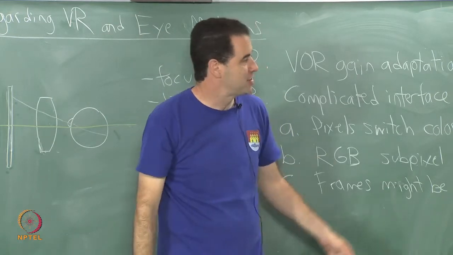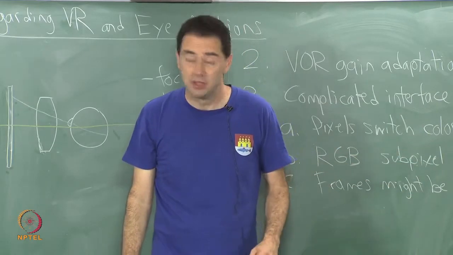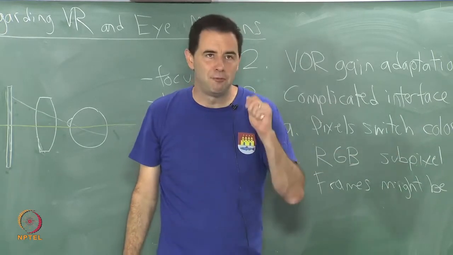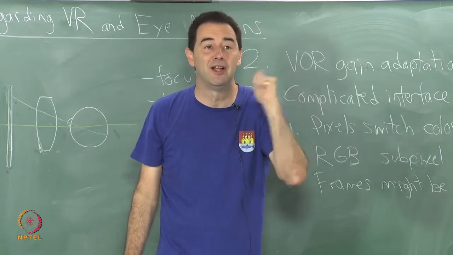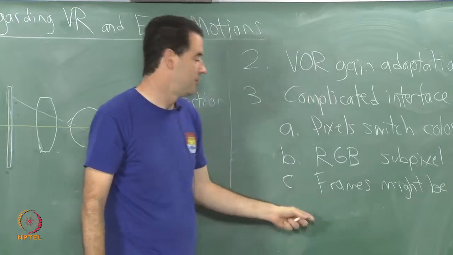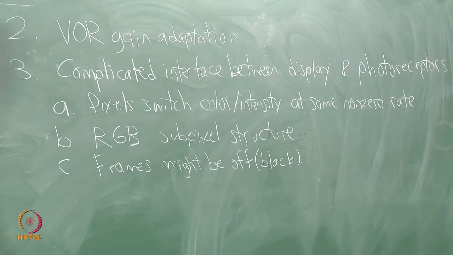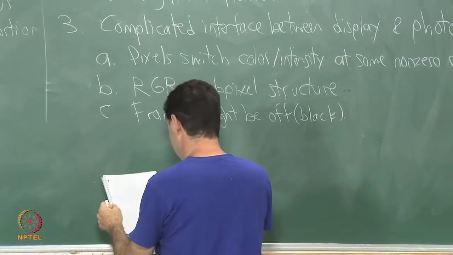But if you have a very fast switching display, for reasons that I'll explain when we cover perception of motion, you may want to pulse it on and then turn it off, and then pulse it on and then turn it off. So the display will be black a lot of the time. How does that affect your brain? How does that affect your photoreceptors? Something very interesting we should talk about. CRT displays had this problem as well, because the phosphors would go dark very quickly.